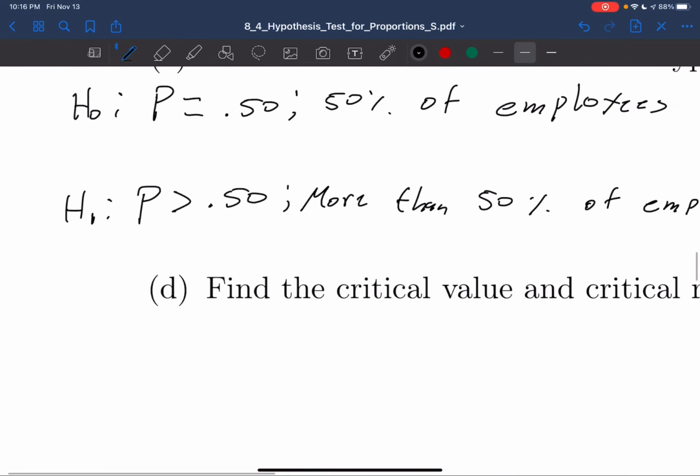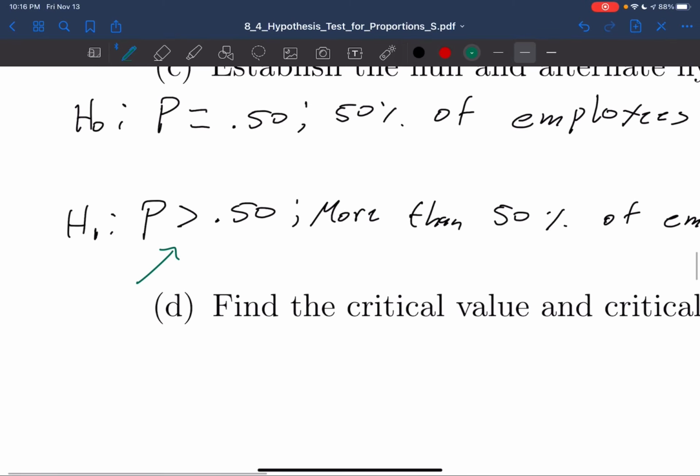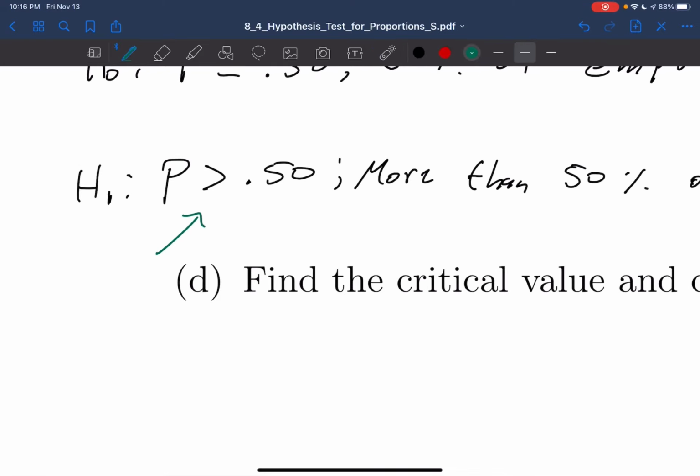And notice here, are we dealing with a left tail, right tail, or two tail test? Well, since our alternative hypothesis is that our population proportion P is greater than some value, we know that this is going to be a right tail test. So this is going to be right tailed.